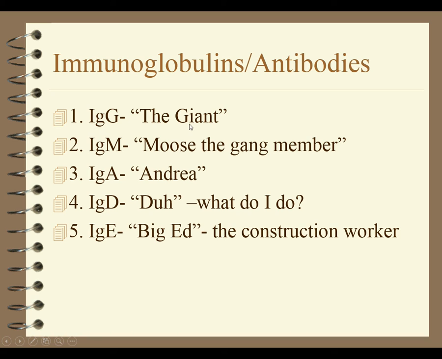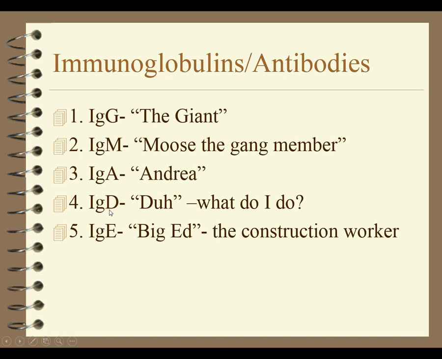IgG, the giant. That means they're abundant. IgM, moose, the gang members, because they hang out in clusters of 4 to 5 and watch the surveillance of the blood system to make sure nothing's coming around. IgA, sweet Andrea. She lives in the breast milk and the respiratory tract, and helps protect us from infections, particularly viral.